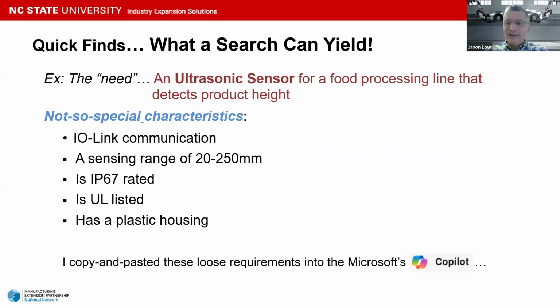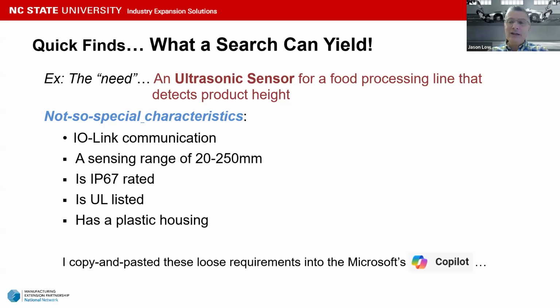So go find me a smart ultrasonic sensor that is IO-Link compatible and has a specific sensing range. My food has a varying height, so I want it to measure within these boundaries.